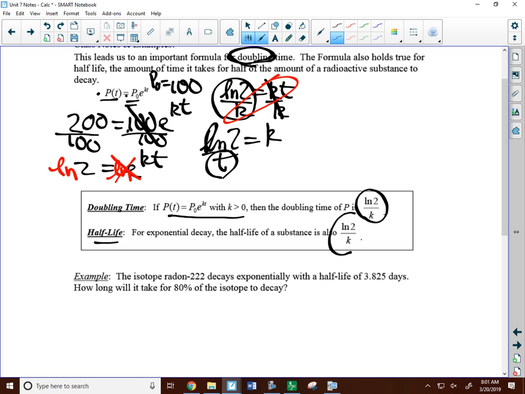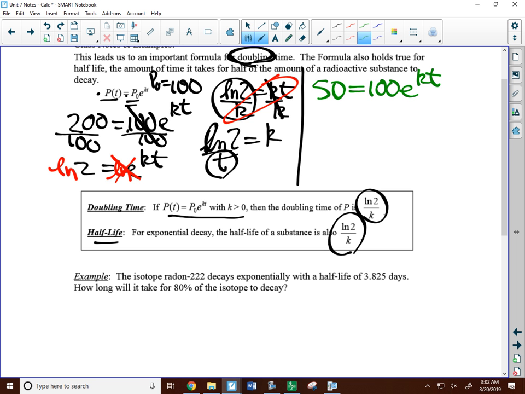Half-life is exactly the same. Now you might say, wait, shouldn't it be different? Shouldn't it be negative? Well, let me show you it's not necessarily going to happen. Let's do the same thing. I have a substance, or it could be business and money. I start with $100, but how long until I get half of it?